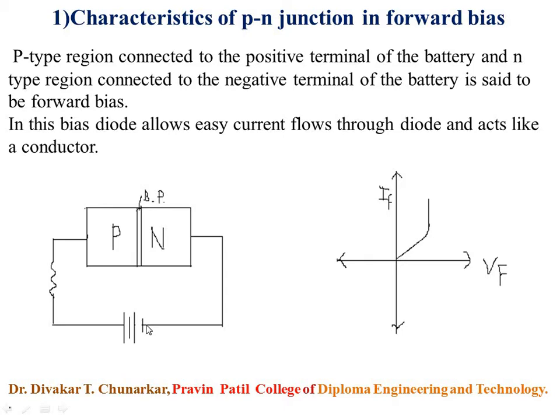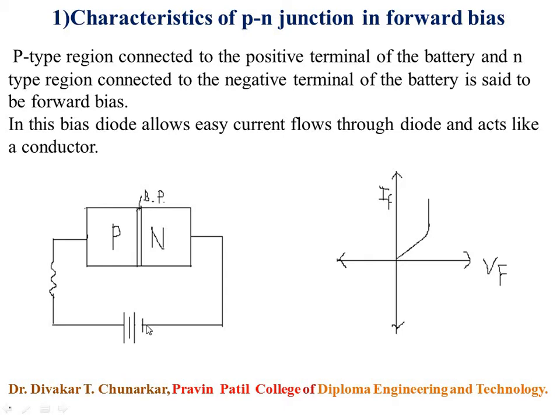And this is called PN junction diode in forward bias.